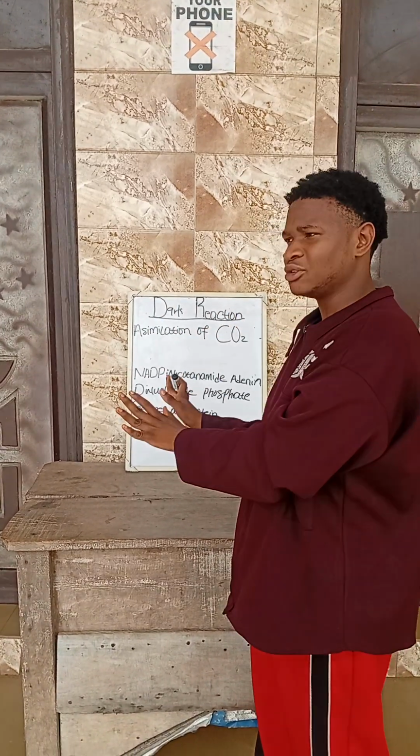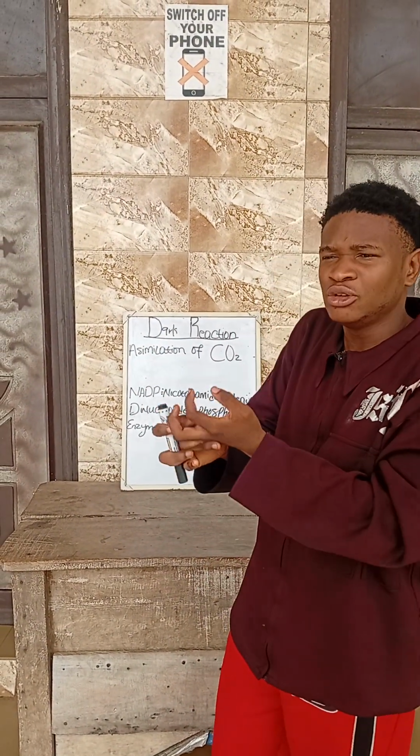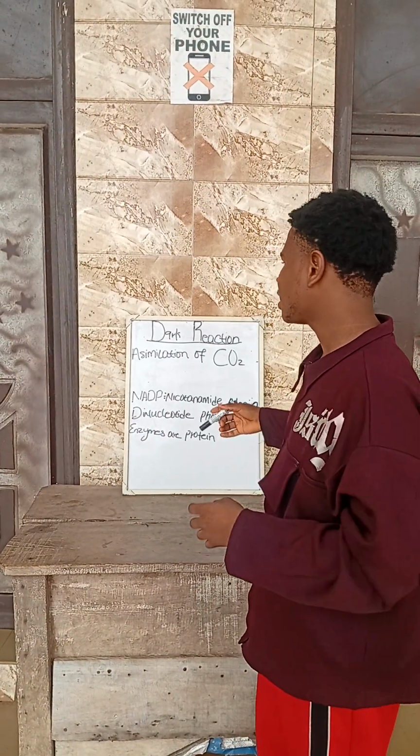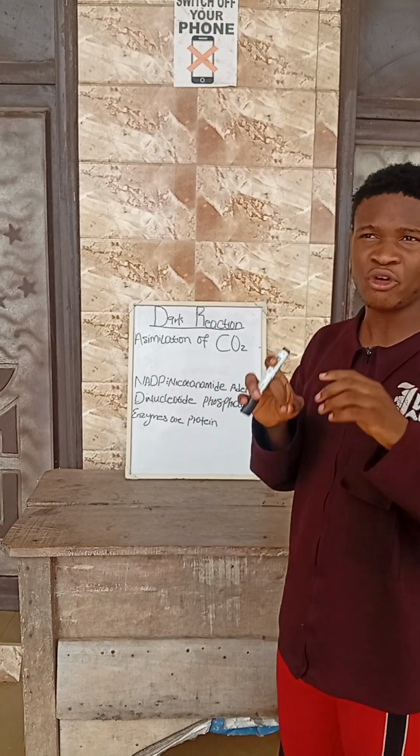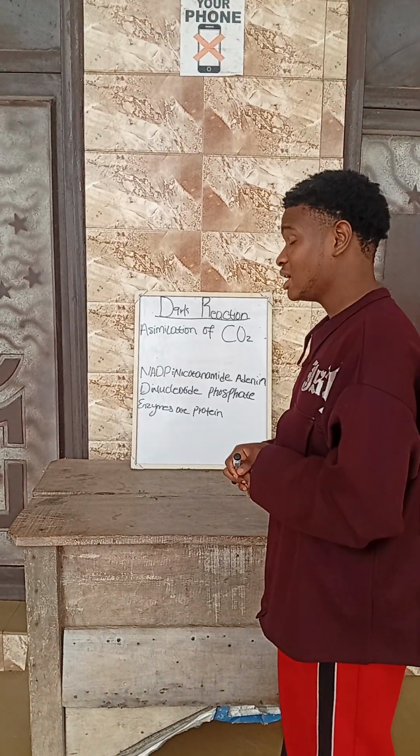If you didn't pick that hydrogen ion, it would react with oxygen to form water, which is hydrolysis of water, the elimination of water in the process of light reaction. So this enzyme has a main function of picking hydrogen ions. That's the reason it picks hydrogen ions.